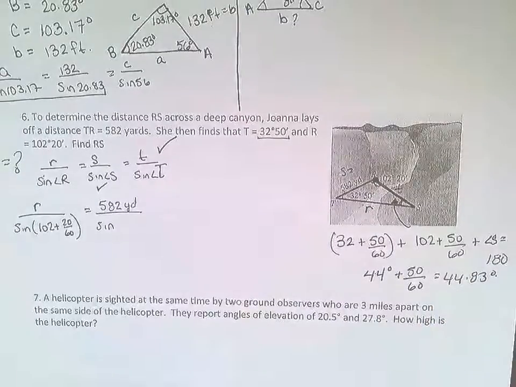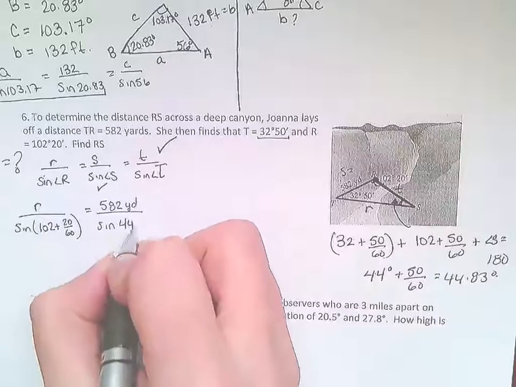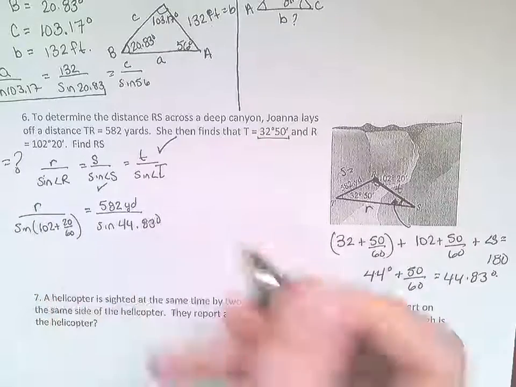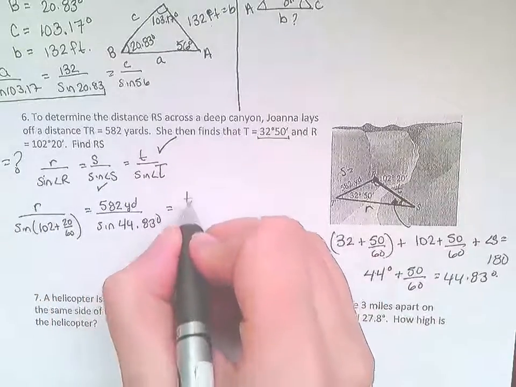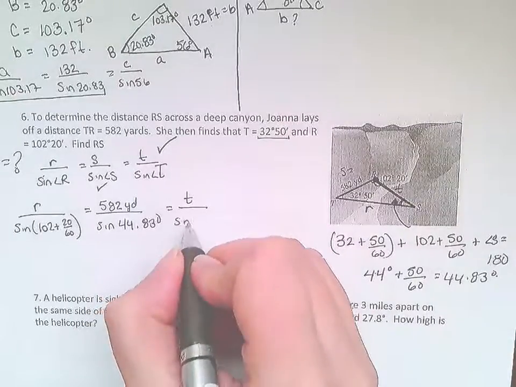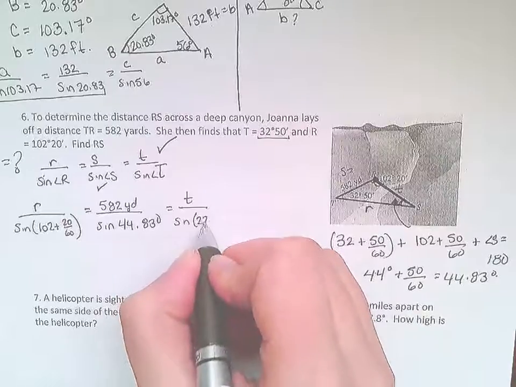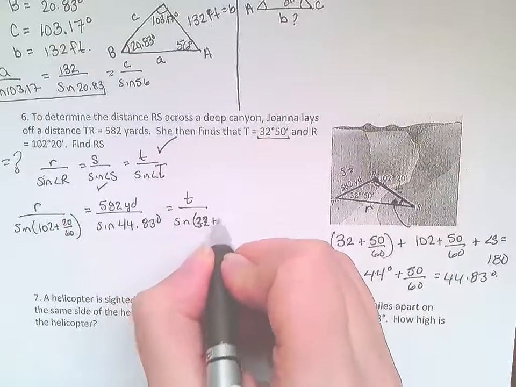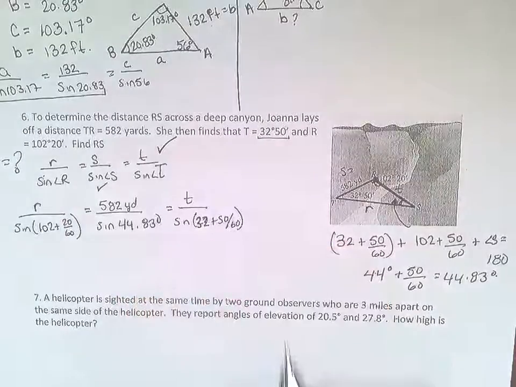I'm just going to plug it in as that. So 44.83 degrees, T is my unknown, but that's the most important unknown, over sine of 32 plus 50 over 60.